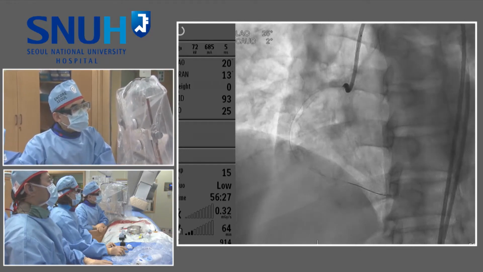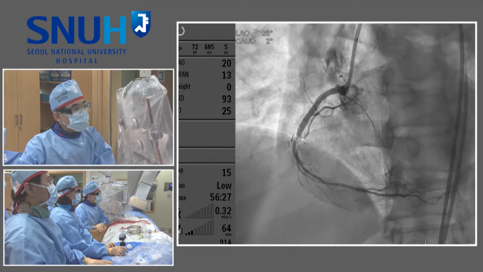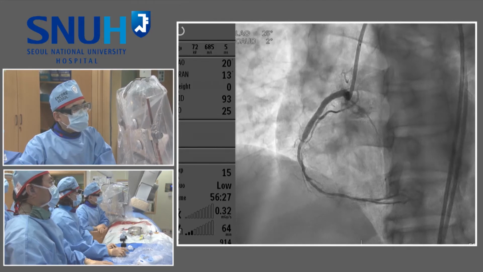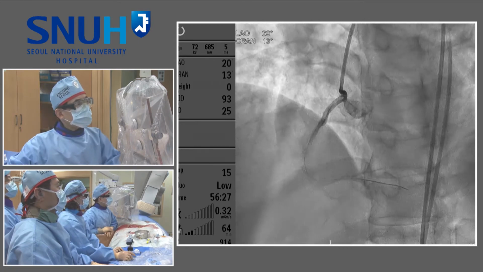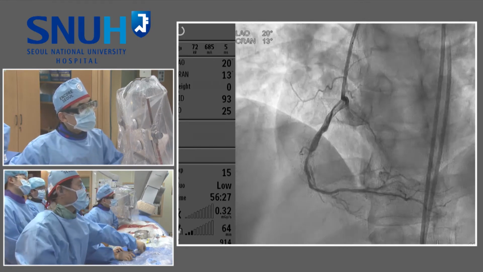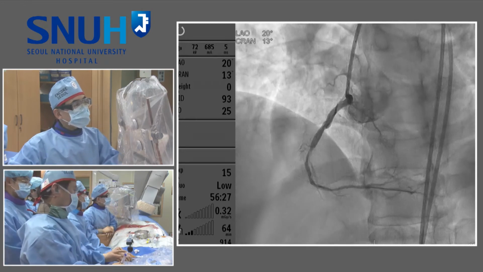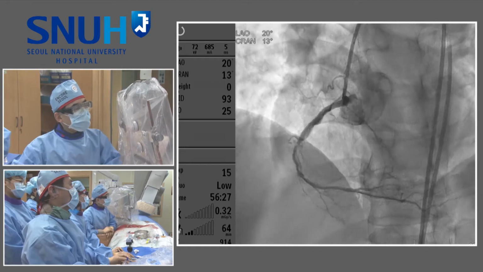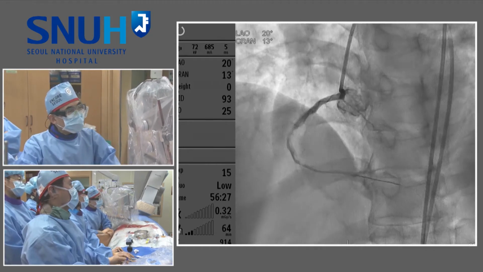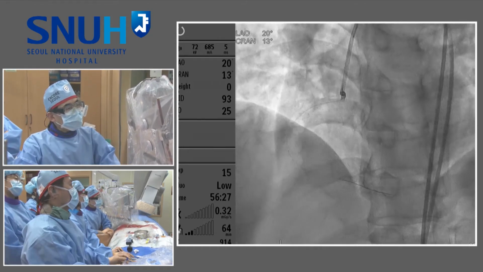How about the junction between mid and distal? It's a little bit diseased there. I think the angiographic appearance is a little bit different. What I mean is that just distal to the distal stent margin is maybe the distal end of the CTO segment, and the more far distal segment is an underperfused segment.